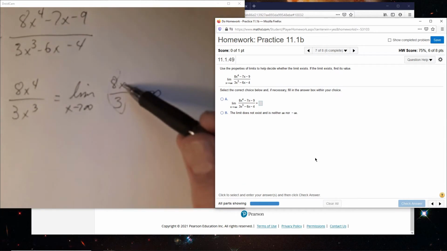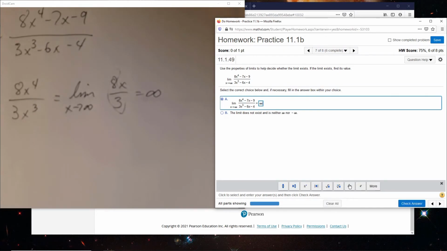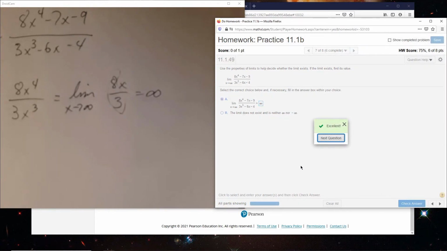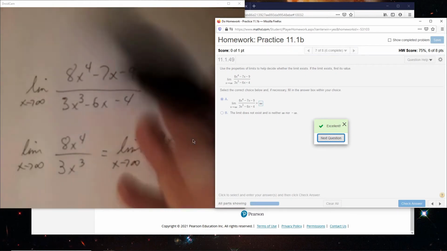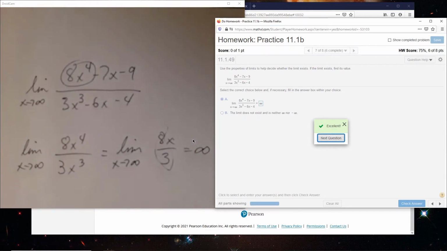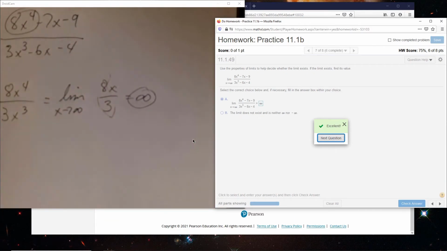So as x gets larger and larger, 8/3 means that's just getting even larger. So that is going to infinity. And again, that's something we'd always expect. If the overall dominant term is in the numerator, we expect our limit then to go to infinity.